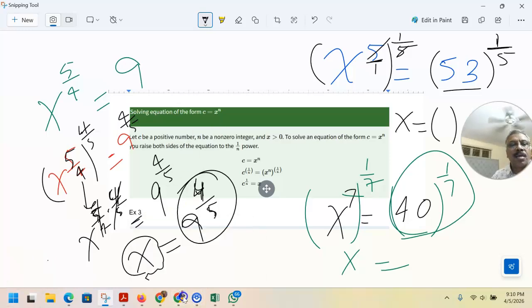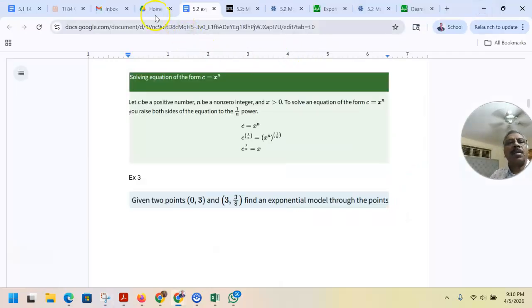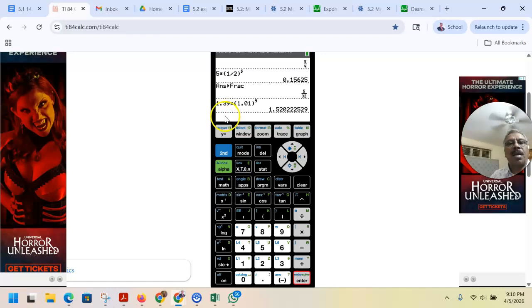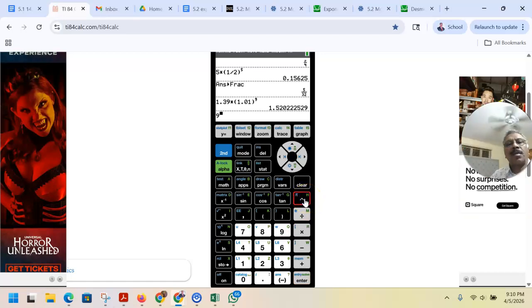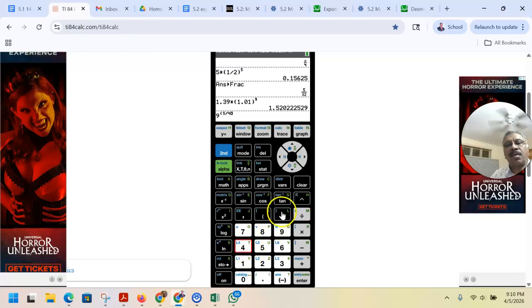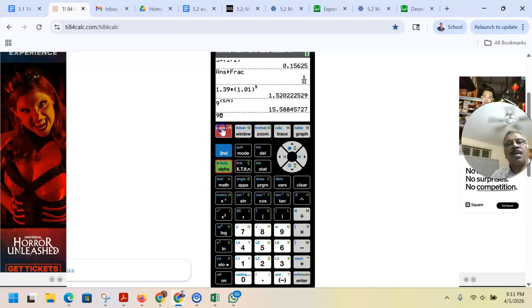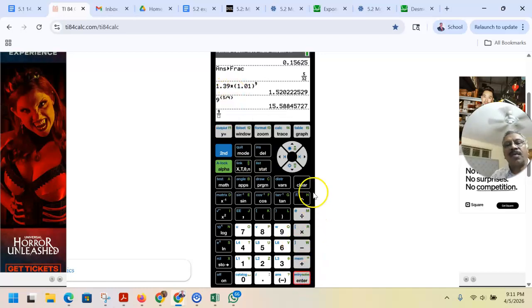So if I use this calculator and I want to write 9 raised to 5 fourths, type 9, then go up, and then you can do 5 over 4 directly with an open parenthesis, 5 divided by 4, close it, and you get the answer. Or you could also use the fraction key, and you have the numerator and denominator, then enter. Then I messed up.